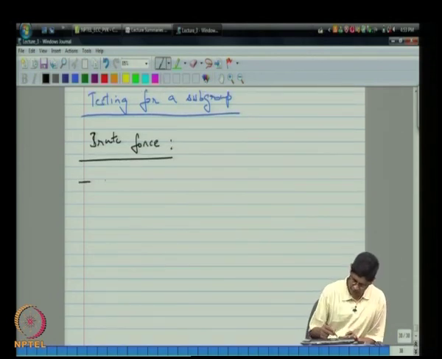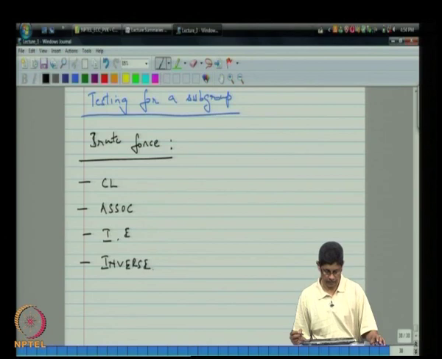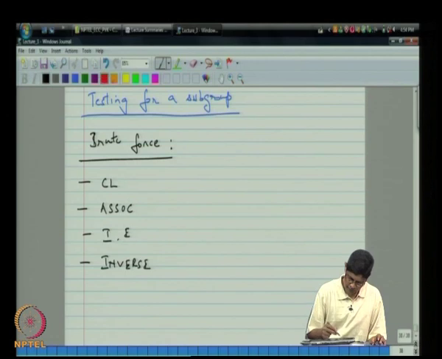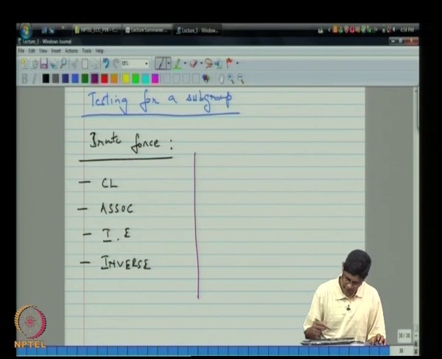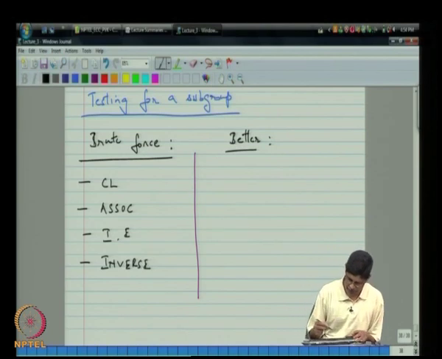It will check to make sure that closure, the associative property, the identity element and the inverse all exist. But there is a cleverer, better method, and that is to make use of a lemma. So, I will put this down as a lemma.